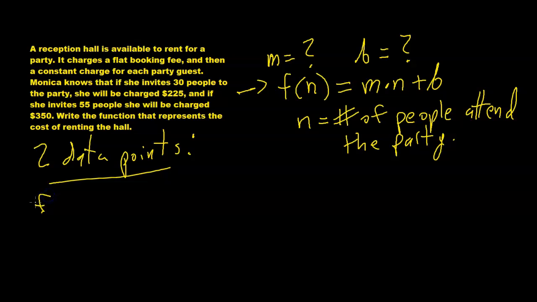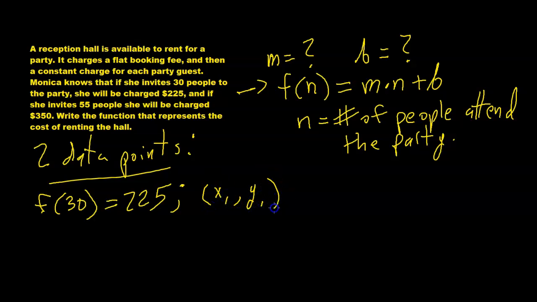In other words, we know that f of 30 equals 225, okay? That also means that we know one point on the line that we would use to graph this function, right?